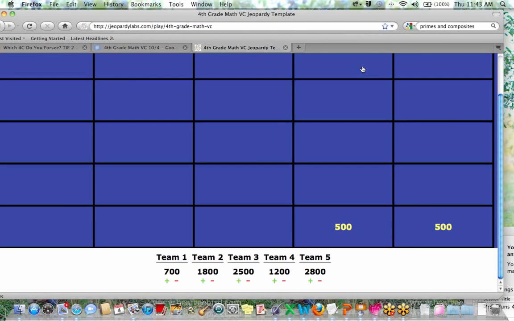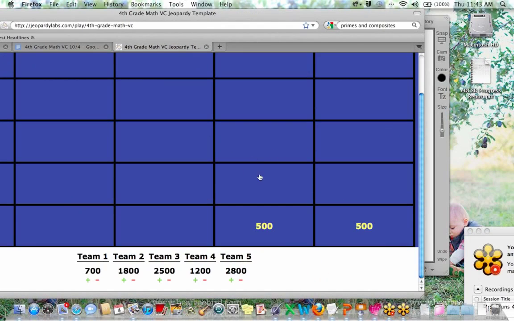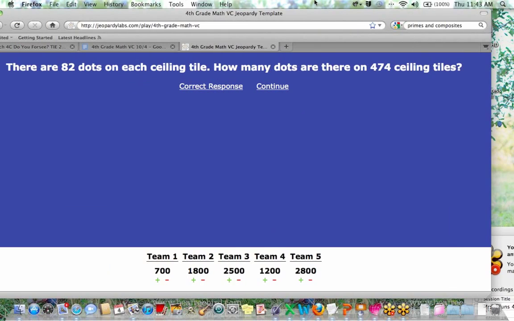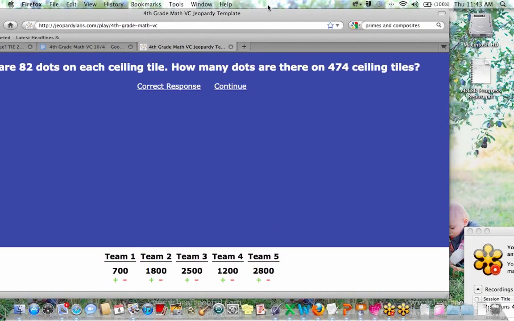Okay. Here we go. I think we have a couple problems left. They're pretty tough. They're worth 500 points, so let's do it. There are 82 dots on the ceiling tile. How many dots are there on 474 ceiling tiles? Sorry, so this is 474 times 82.